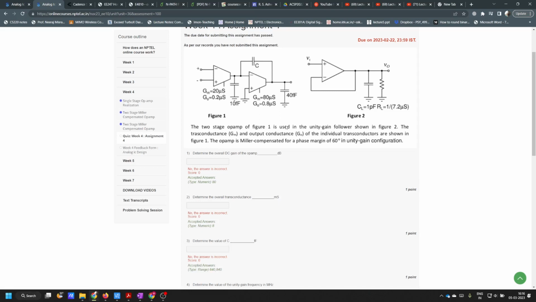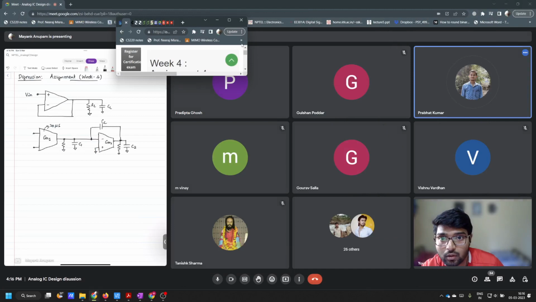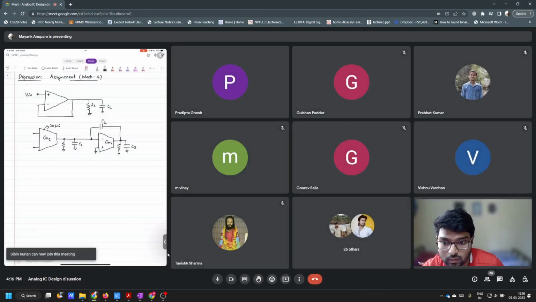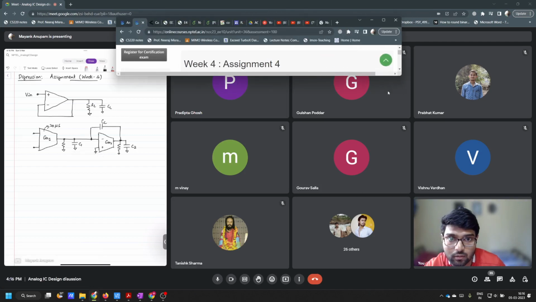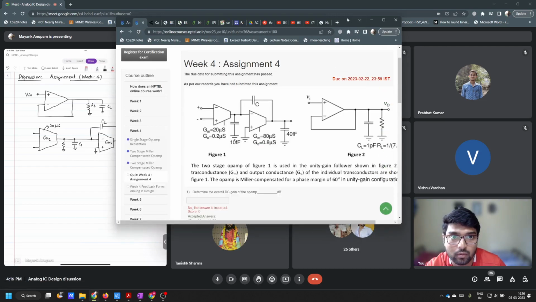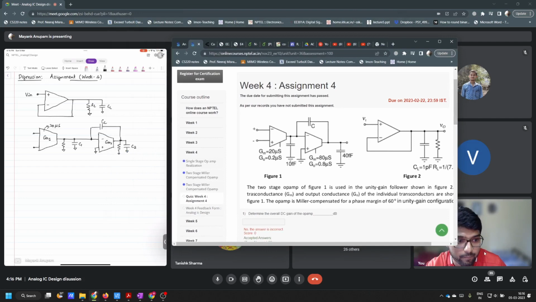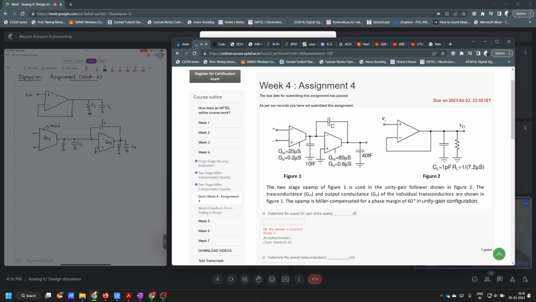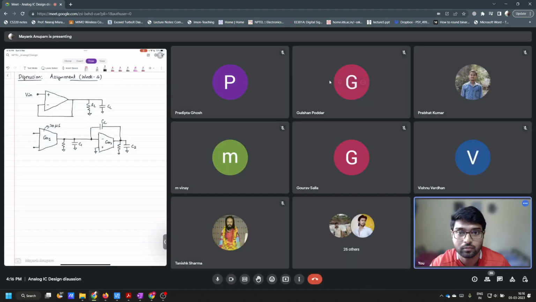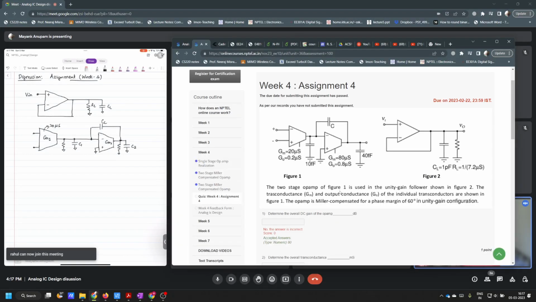Basically we have this gm1, which is equal to 20 microsiemens, and g naught 1 is 0.2 microsiemens.